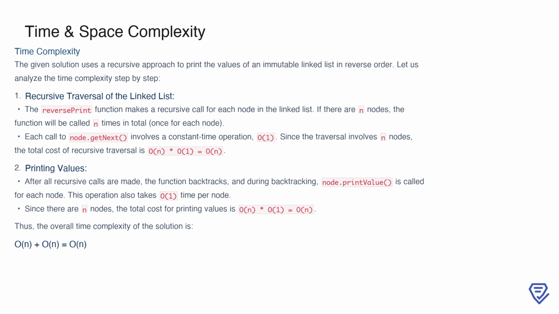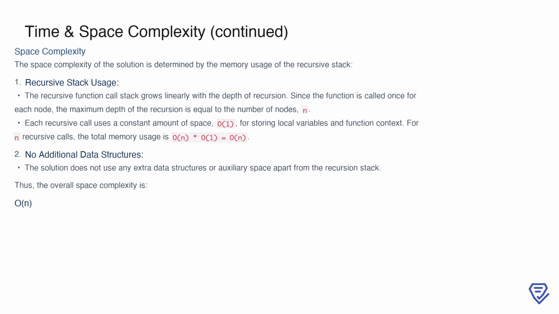Now turning to space complexity, the key factor is the recursive stack usage. In this solution, the depth of the recursion equals the number of nodes in the linked list, n. Each recursive call requires a constant amount of memory, O(1), for local variables in the function's context.